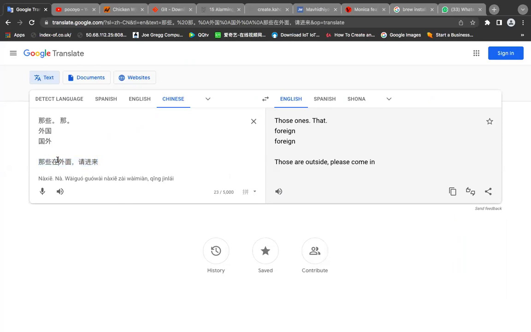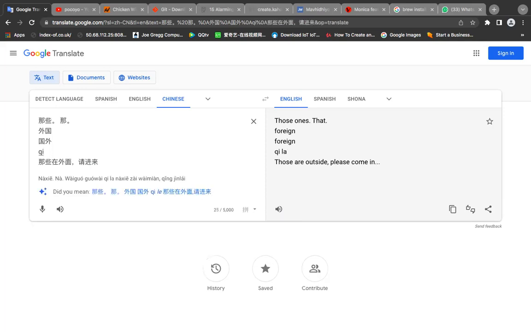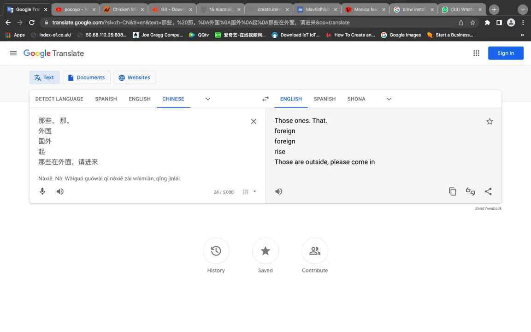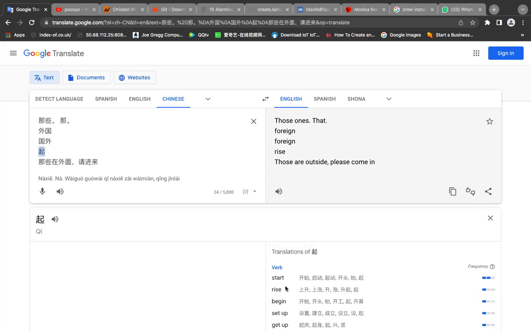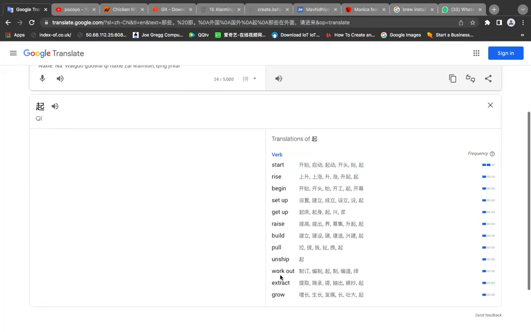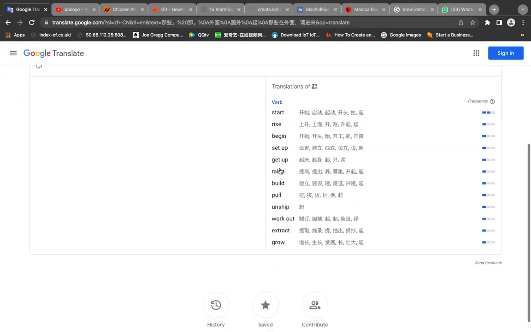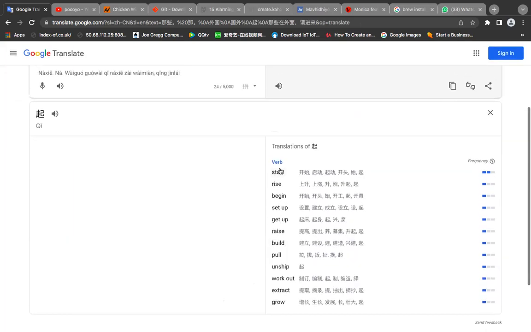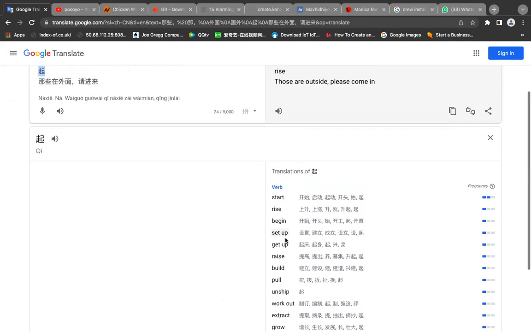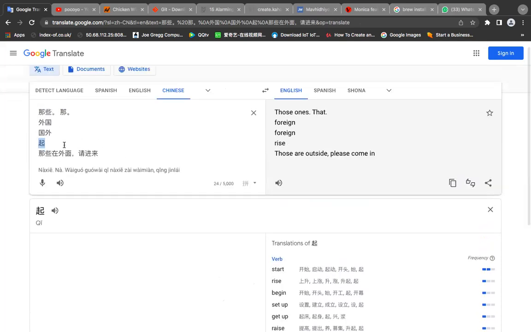If you want to put the standing part, we could go with 吃. Yeah, there is 吃 here. At the moment it said rice, but it could also mean get up, instead of get up.